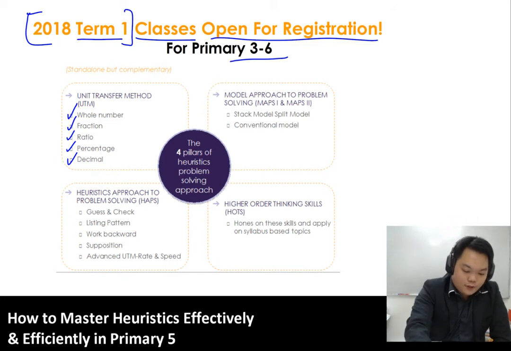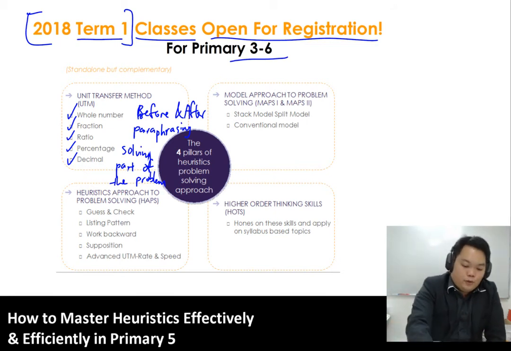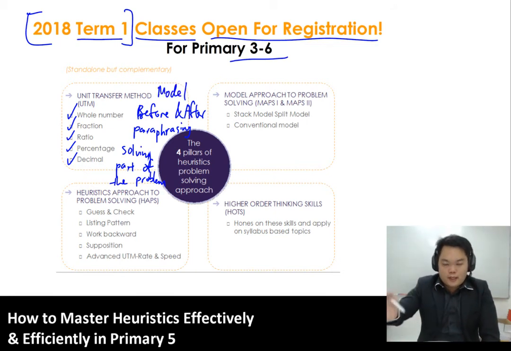These cover the before and after scenarios, paraphrasing the problem, solving part of the problem, and for certain aspects, we will also use models to help the child visualize the problem-solving process better.